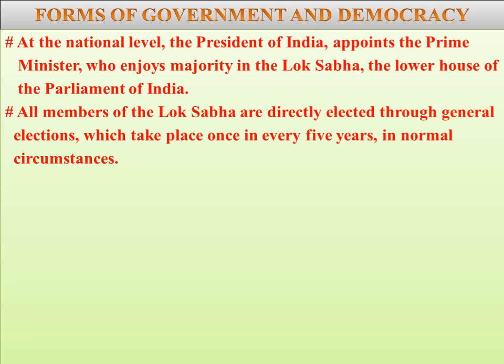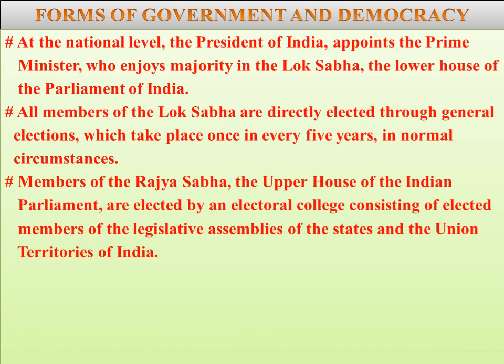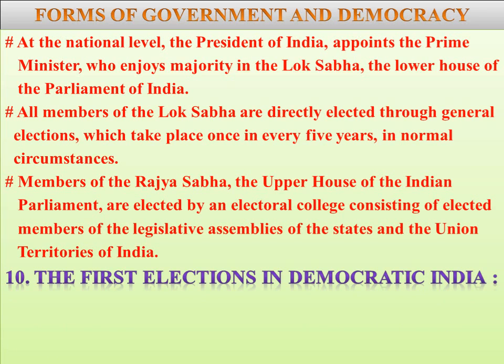Members of the Rajya Sabha, the upper house of the Indian Parliament, are elected by an electoral college consisting of elected members of the legislative assemblies of the states and the union territories of India. The President of India nominates 12 members for their contributions to art, literature, science, and social service. Next, we are going to learn about the first elections in democratic India.